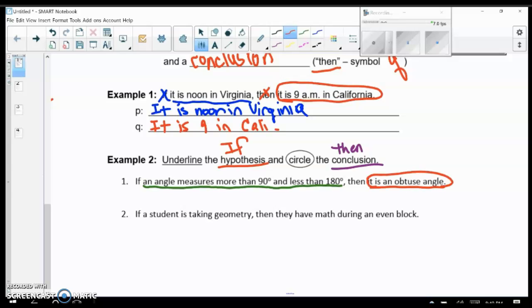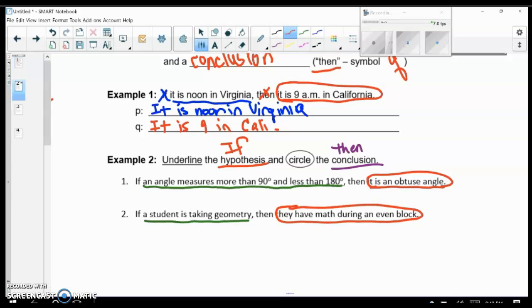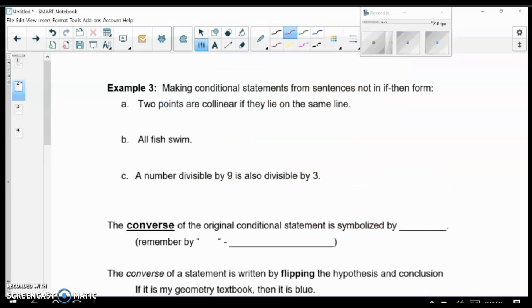Whereas with then, we go from the then to the punctuation. So whether it's a comma or a period, usually you're going to have some sort of punctuation that's going to clarify that for you. So if a student is taking geometry, then they have math during an even block. So that's just a little reading strategy you can use to help.